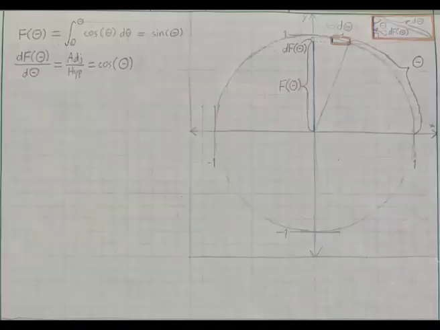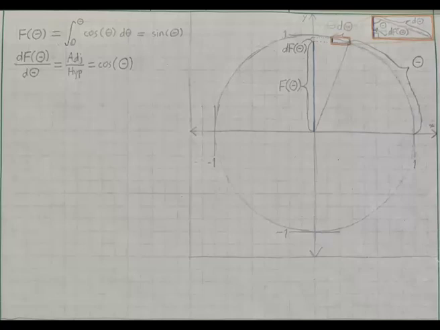Just like before, we'll take the derivative of this integral. For simplicity, let the integral be denoted by big F of big theta. To take the derivative of big F of big theta, imagine nudging big theta by some tiny amount, d big theta. This causes the value of the integral to change by some tiny amount, d big F of big theta, shown in purple.